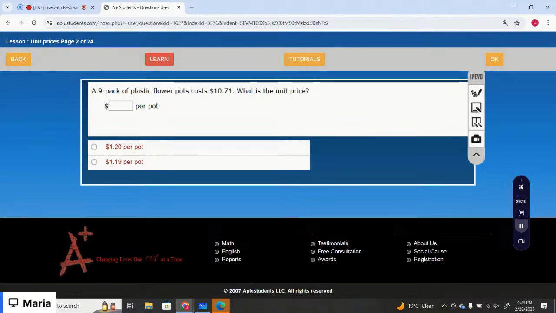A 9 pack of plastic flower pots costs $10.71. What is the unit price?